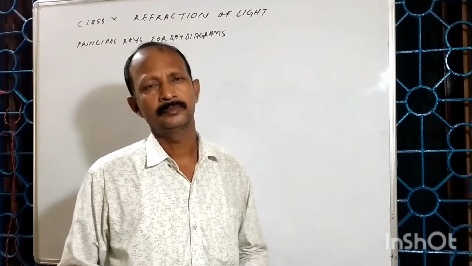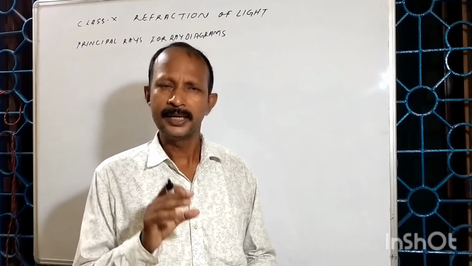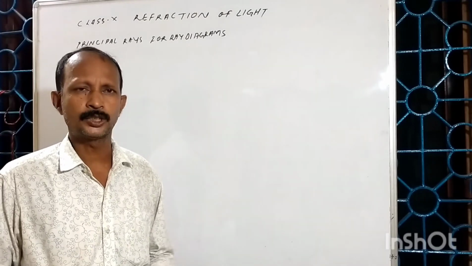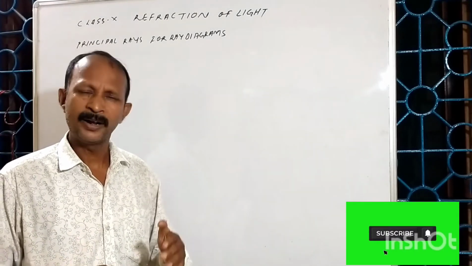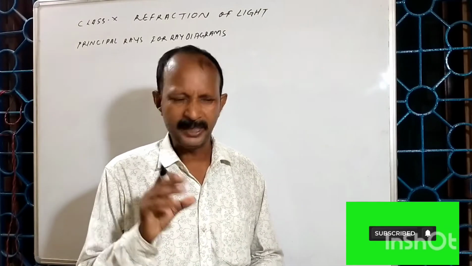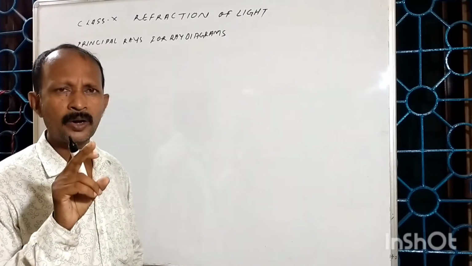You know that the position, nature and size of the image of an object formed by a lens can be determined by drawing the ray diagram.